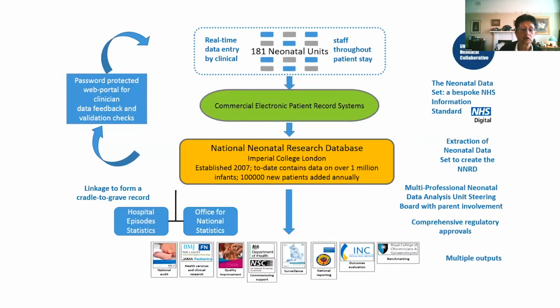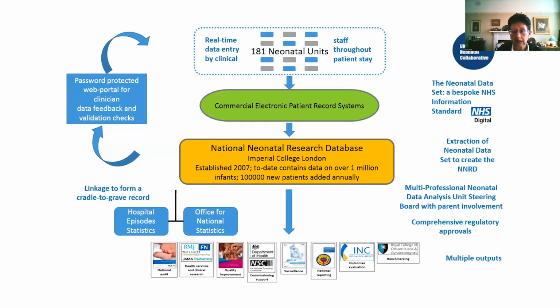Very briefly, the structure of the database is that no data are captured. Data are instead extracted out of the baby's electronic patient records. So very busy clinical staff do not have to do any extra work. They simply keep the baby's electronic patient record up to date. And out of that, we extract at regular intervals a standard set of very rich variables, about 450 of them, called the neonatal data set.